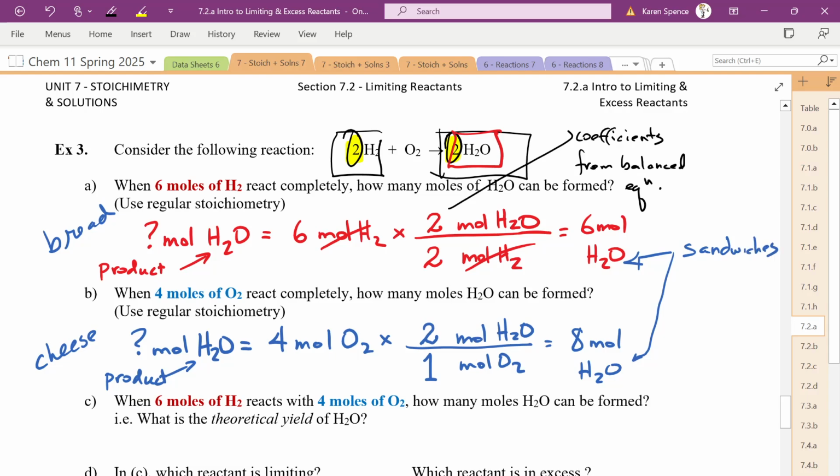So if I were to ask you, what is the theoretical yield of H2O? What is the theoretical yield of water? How much water could we make? Could we make 6 moles? Could we make 8 moles? Could we make 7 moles?